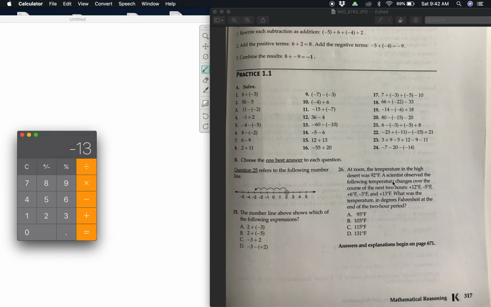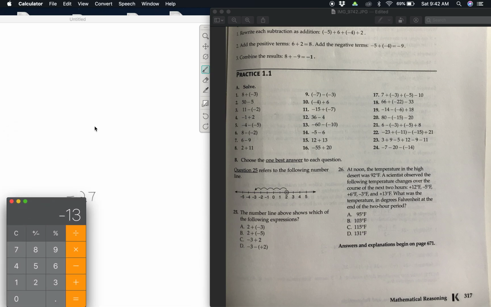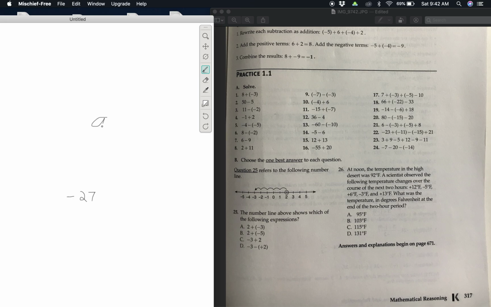At noon, the temperature in the high desert was 92 degrees Fahrenheit. Scientists observed the following temperature changes over the course of the next 2 hours. So 92 plus 12 is 104. Then there was minus 5, so 99.